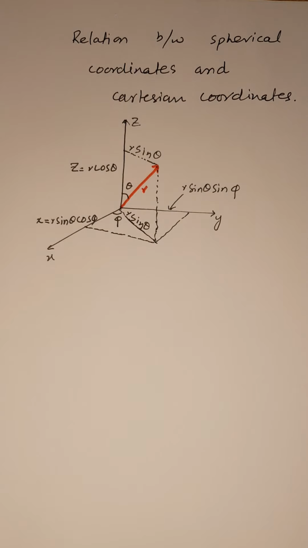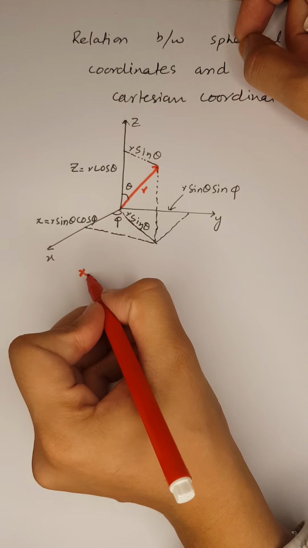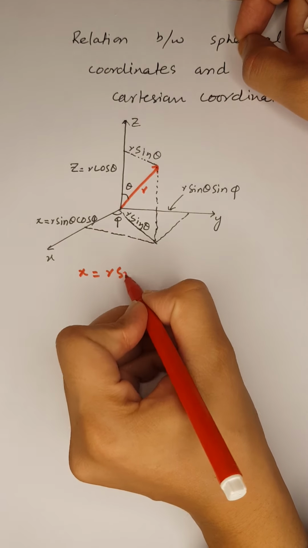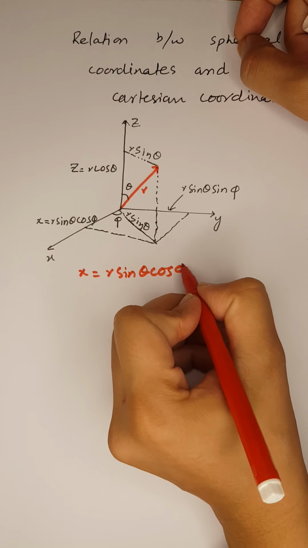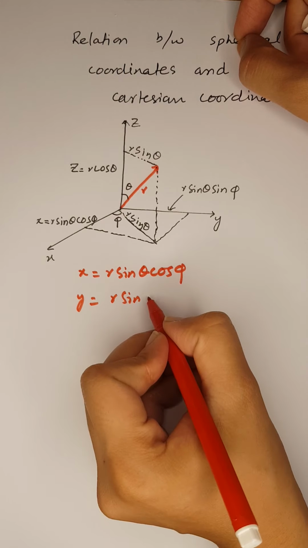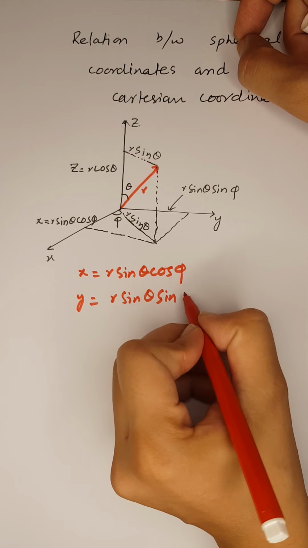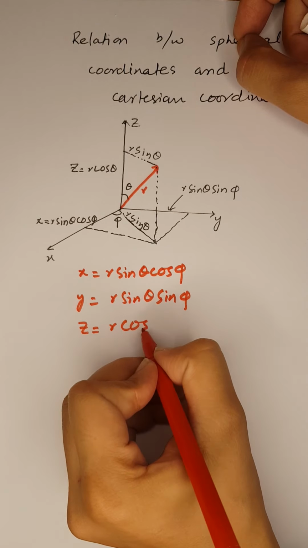Fine. Now from here we can develop different identities: x is equal to r sine theta cos phi, y is equal to r sine theta sine phi, and z is equal to r cos theta.